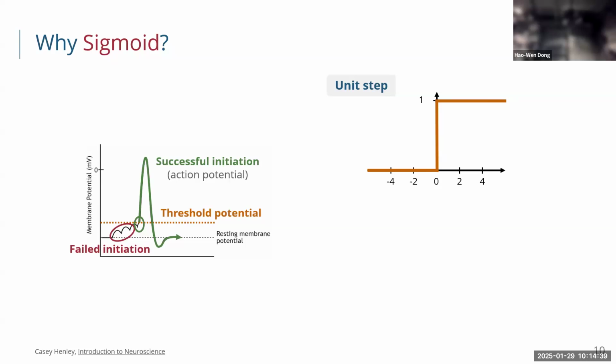Here, if the threshold is 0, if your input is less than 0, if your incoming stuff hasn't reached the threshold, then you do nothing. So there's no output at all. And if you are beyond that threshold, then you send an action potential, so you send something as 1. So there's just 0 and 1 in a human neuron. It's either an action potential out or not.